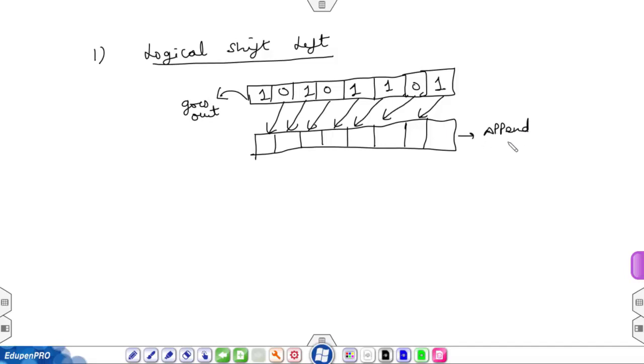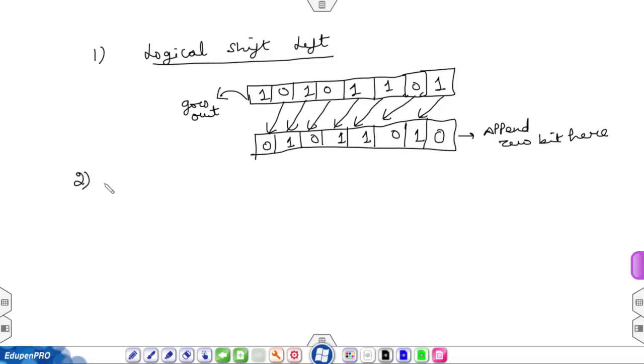That means take the value 0 in the last bit. So after performing the logical shift left operation, the number becomes the shifted bits, and the blank bit is appended with 0. So this is the logical shift left operation.